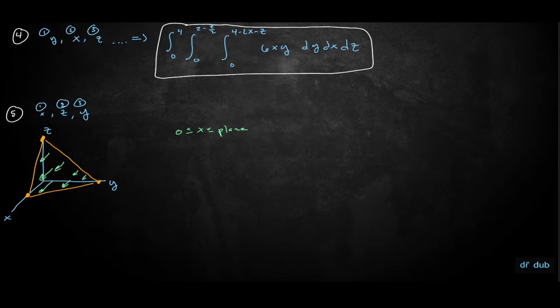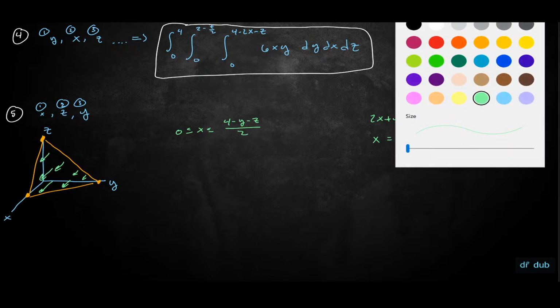And what was that plane equation? It was 2x plus y plus z equals 4. So what we're going to do is solve that plane equation for x. So x equals 4 minus y minus z all over 2. I'll just leave it like that. So that's our upper bound for x, 4 minus y minus z all over 2.